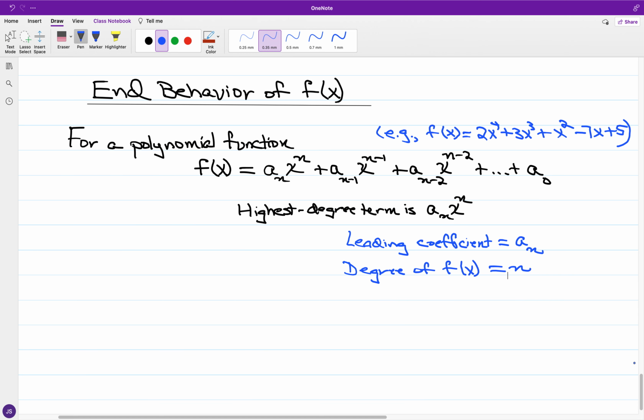Now, in terms of the end behavior, we have 4 scenarios that can be drawn. Just drawing up the categories.